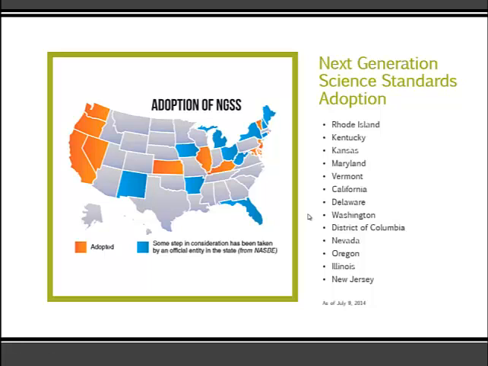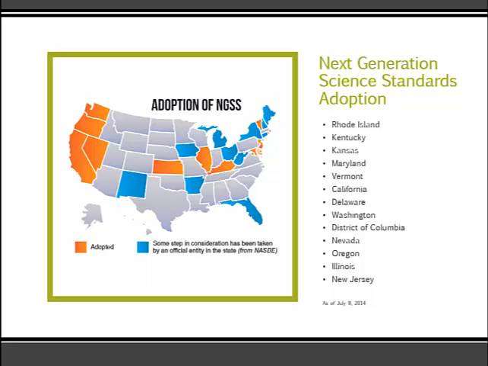There actually are some other states on this map who have adopted new science standards that look an awful lot like the Next Generation Science Standards, and they aren't colored in, and that has to do with political or other concerns. And the reality is that in America, politics and education will never be separate. And so in some states, it was not politically advantageous to adopt the Next Generation Science Standards, but the state was ready to do a standards adoption.